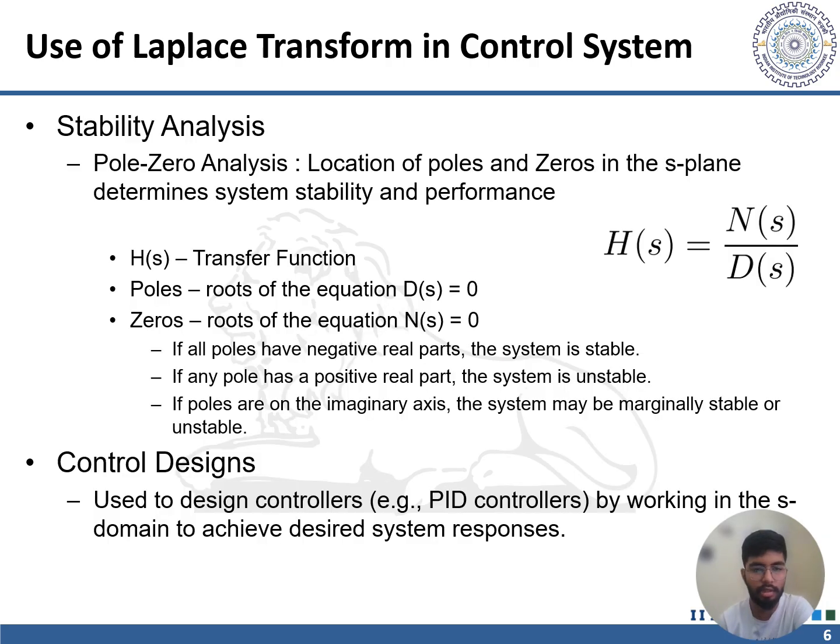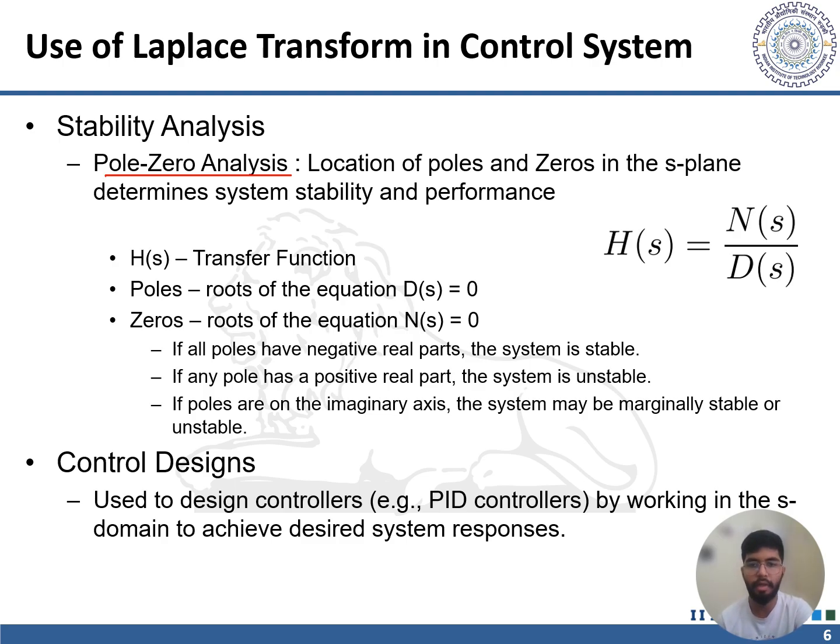Let's discuss the second point, stability analysis. You can analyze the stability of a system by using Laplace transform. In pole-zero analysis, the location of poles and zeros in the S plane determines the stability and performance.